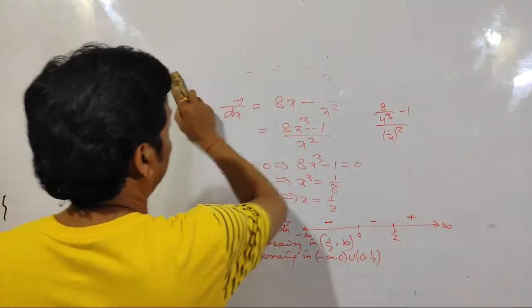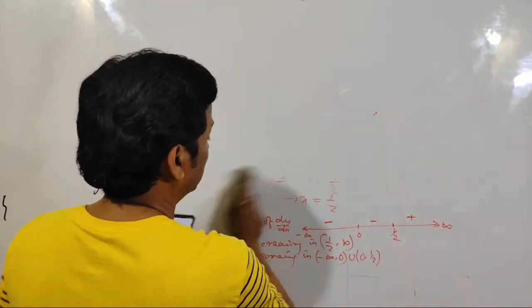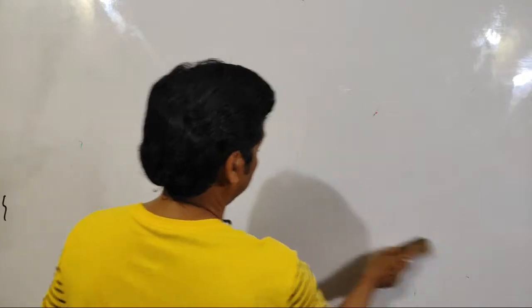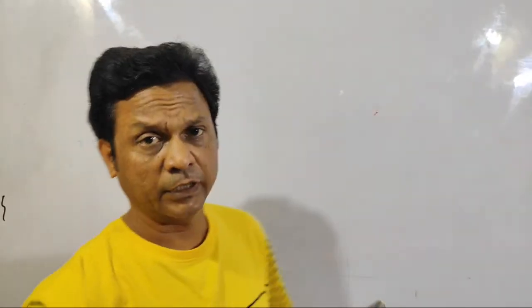So now tell me whether you can do the increasing and decreasing questions or not. Whether all of you can do the questions of increasing and decreasing or not. Hello. Can you do the questions of increasing and decreasing or not?